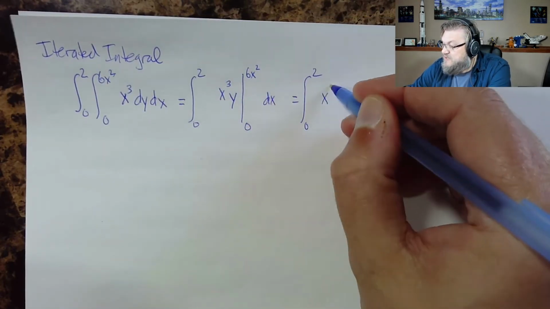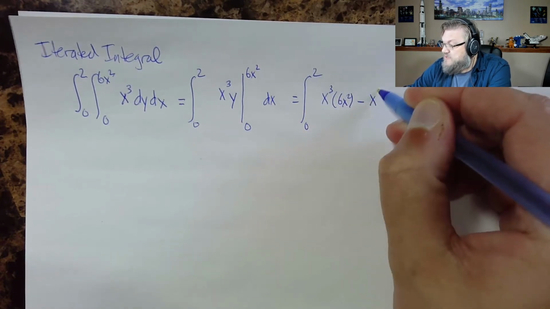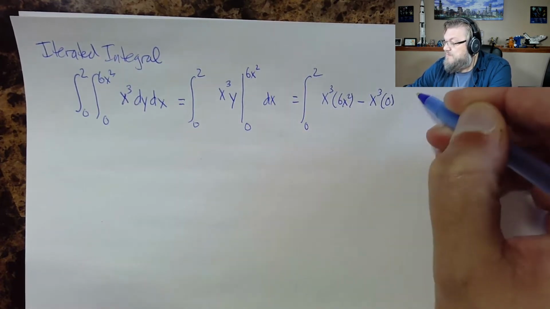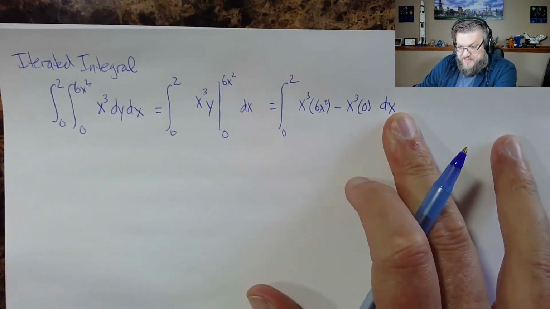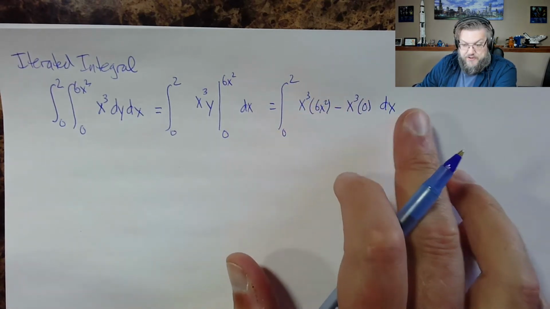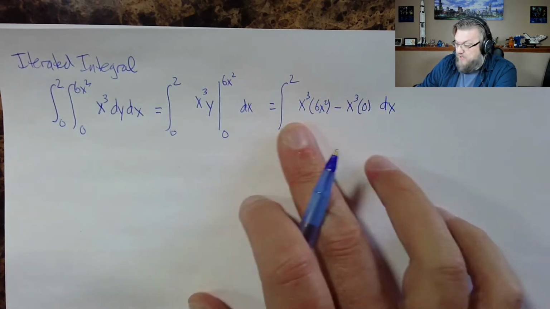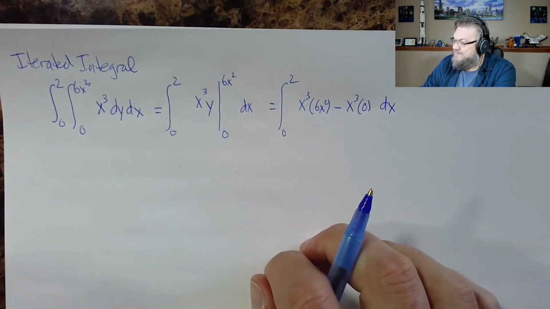So I'm going to get x cubed times 6x squared minus x cubed times 0, then dx. By the time you get to this step, you should only have variables of the variable remaining. This should be all x stuff here. No more y's should be present by the time I get to here.